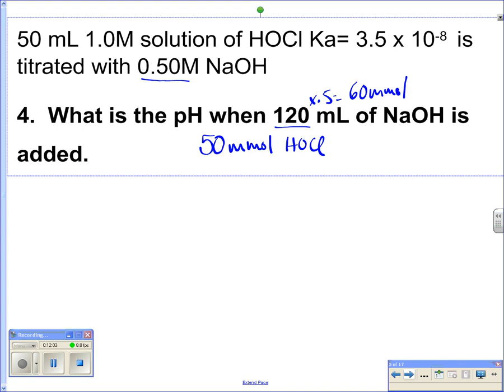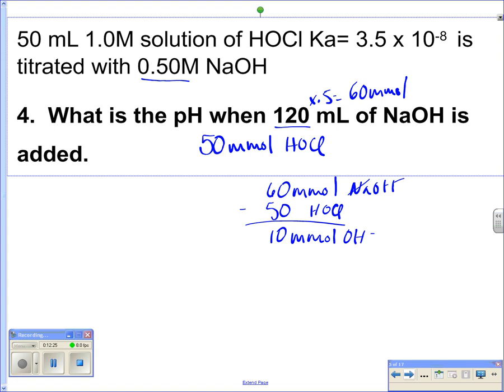So now NaOH is the winner. If we do a limiting reactant, I have 60 millimoles of OH minus, 50 of the HOCl reacts it out, that's gone. It's all used up. So what's my remainder? I have 10 millimoles of OH minus.